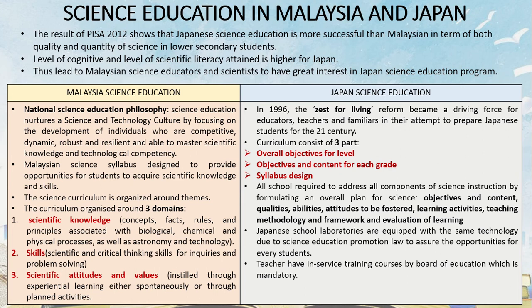All schools are required to address all components of science instruction by formulating an overall plan for science, which covers objective and content, qualities, abilities, and attitudes to be fostered, learning activities, teaching methodology and framework, and evaluation of learning.